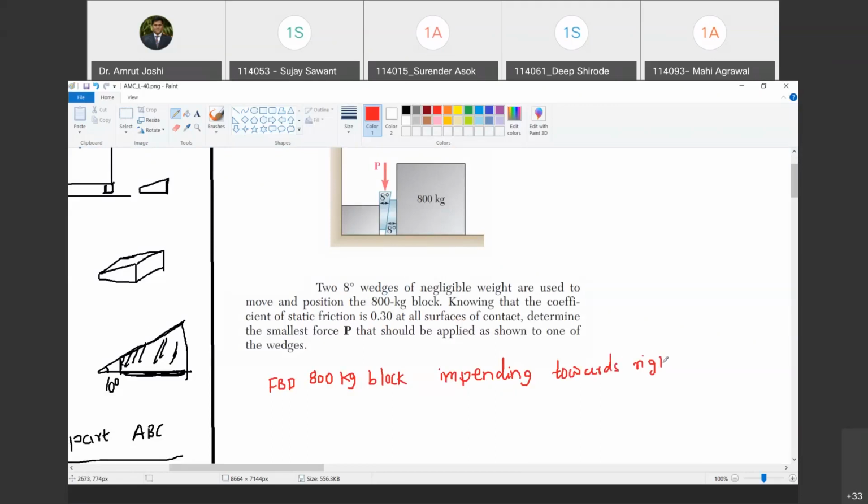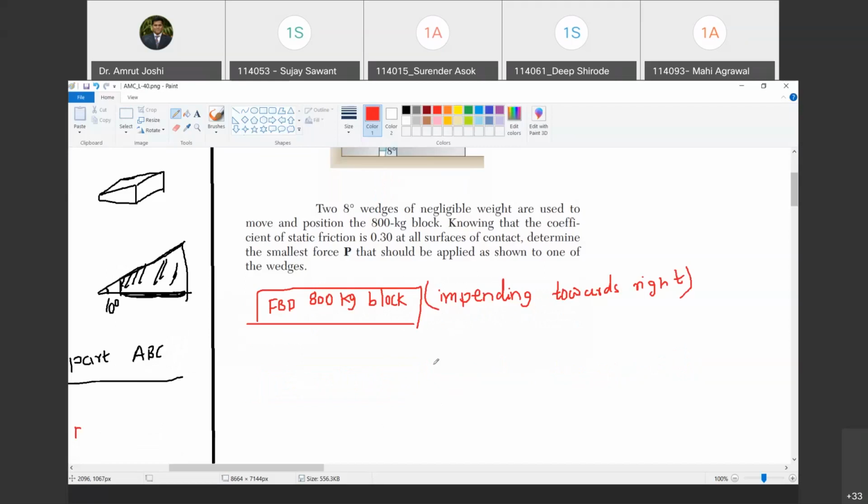Happy? Yes, sir. The aim of this force P and these wedges is to move this 800 kg block towards right. Happy? Yes, sir. There is no possibility that you can move it towards left. By driving this wedge P down, this block is going to get moved towards right. So let us consider a case where this 800 kg block is on verge of its motion. Therefore impending motion is towards right for this block.